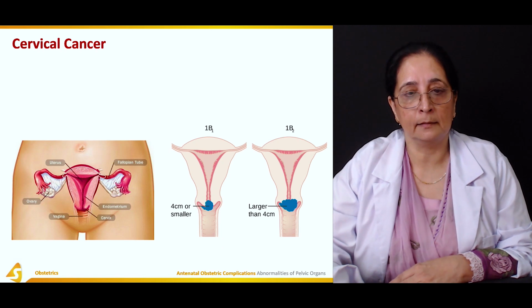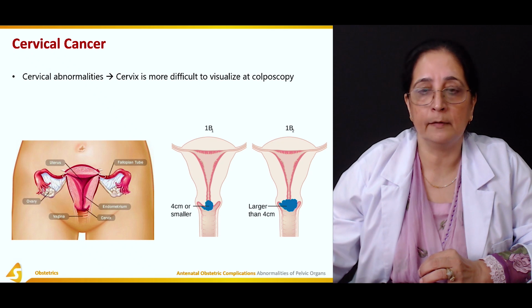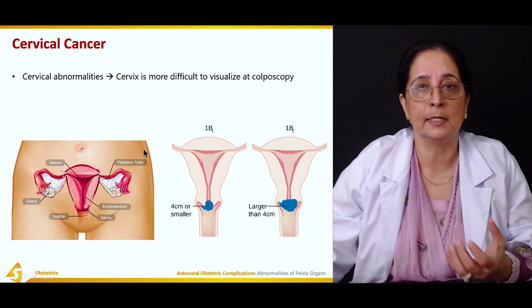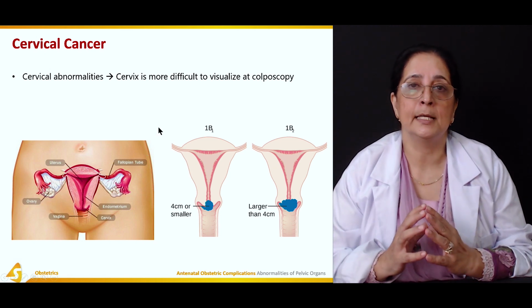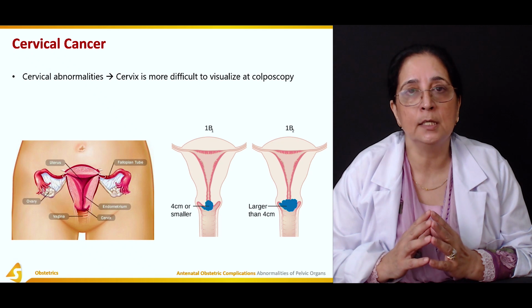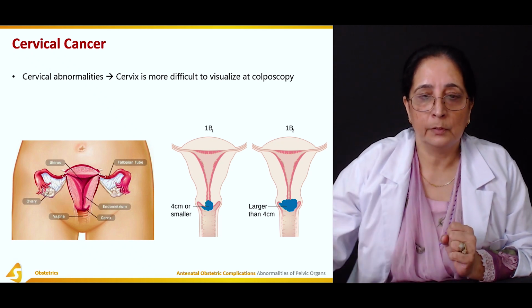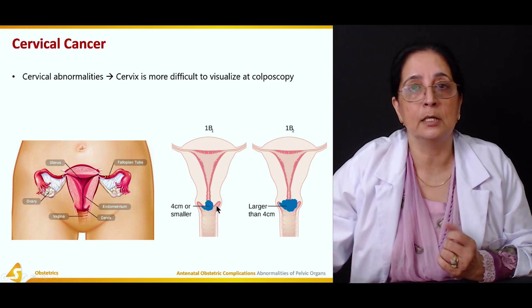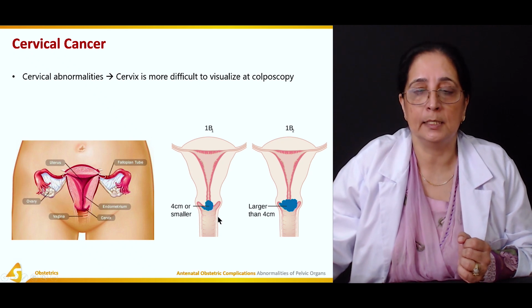Cervical cancer. If cervical cancer is present, then it's very hard to visualize the cervix at colposcopy. Colposcopy is examination of the cervix with the help of a colposcope. If a growth or cancer is present, usually it's hard to visualize the cervix.